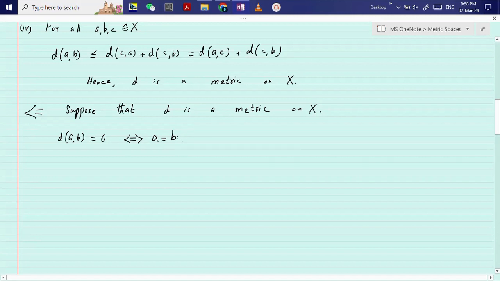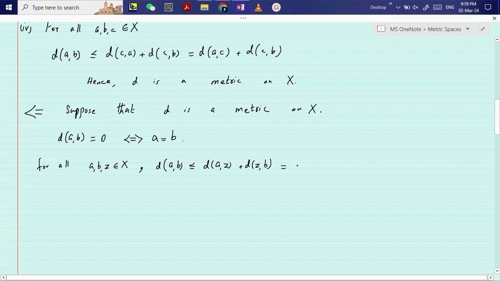And if we talk about the second condition, by triangle inequality, for all A, B and Z belongs to X, d of AB is less than or equal to d of AZ plus d of ZB.